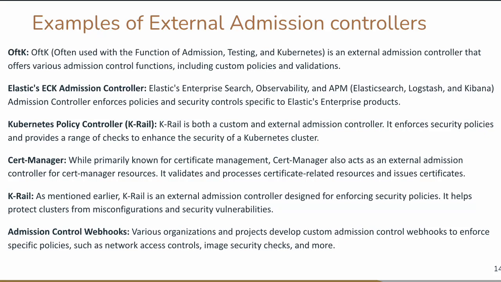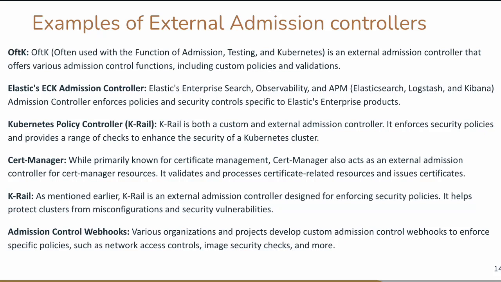Now KRail we already discussed, and it's implemented for designing the security policy. It helps to protect the cluster from misconfiguration and security vulnerabilities. Kubernetes itself is secure, it does not expose anything, but there are certain misconfigurations which can expose your Kubernetes cluster and create security issues. Those can be detected by KRail, which helps you tune those things.